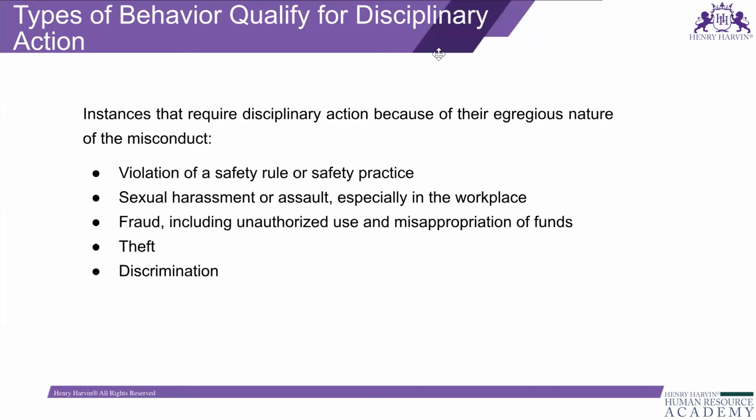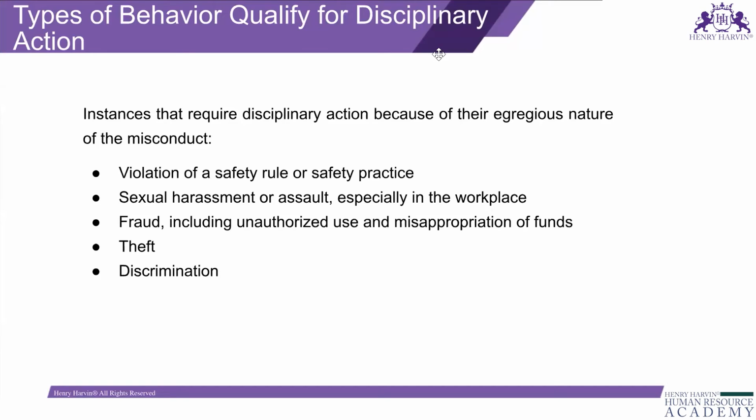Instances that require disciplinary action because of the egregious nature of the misconduct: violation of rules, violation of safety rules or safety practice, sexual harassment or assault, especially in workplace, fraud including unauthorized use or misappropriation of funds, theft, discrimination. So these are all the behaviors. If the employee has done this kind of behavior in an organization, the HR has every right to take disciplinary action against the employee.